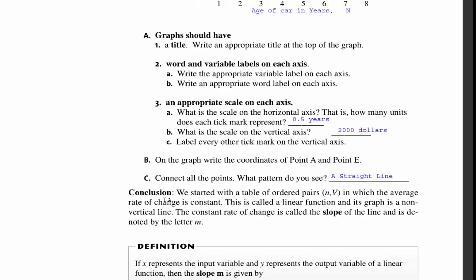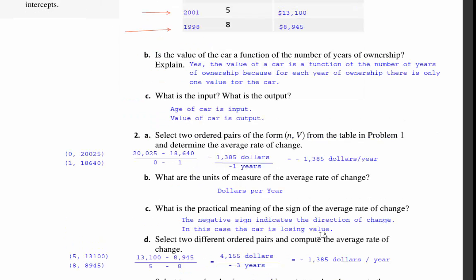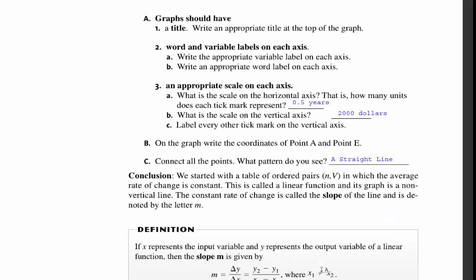The book does a nice job of summarizing what we've done in the 2 videos, right? We started with a table of ordered pairs in which the average rate of change is constant. If you remember, earlier on we had the ordered pairs and we were asked to complete the average rate of change, and we came up with negative $1,385 each time.